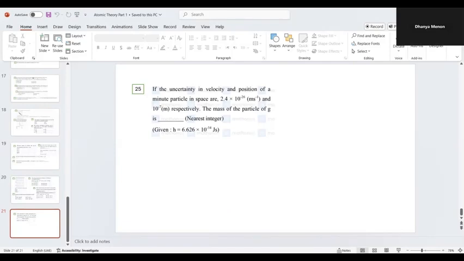Okay, this is regarding the Heisenberg's uncertainty principle.